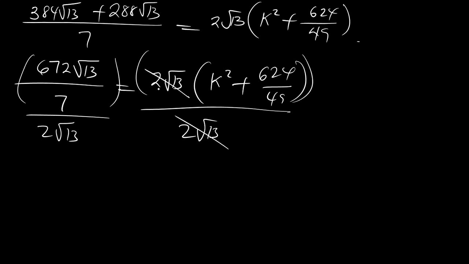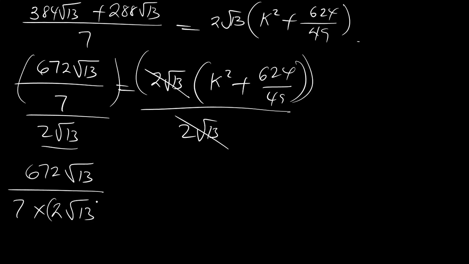So this will cancel out this. This expression here is also written as 672 root 13 divided by 7 times this 2 root 13. So this will cancel out this. You now have K squared plus 624 divided by 49.